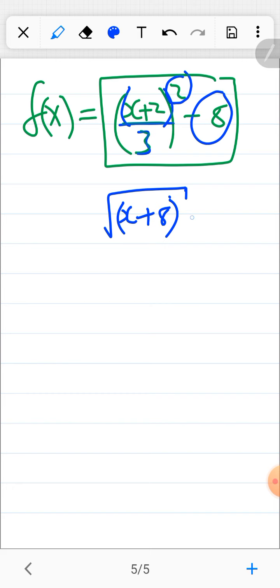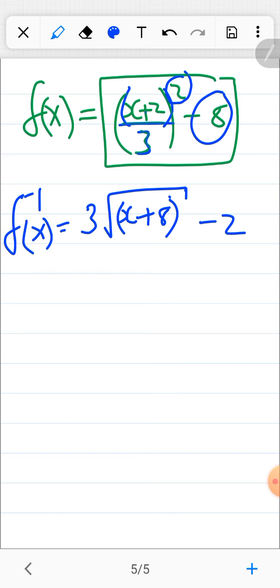So the next thing I'm going to do is multiply this whole thing by 3. Next thing this function did is it added 2, so I'm going to subtract 2. So that's my inverse function.